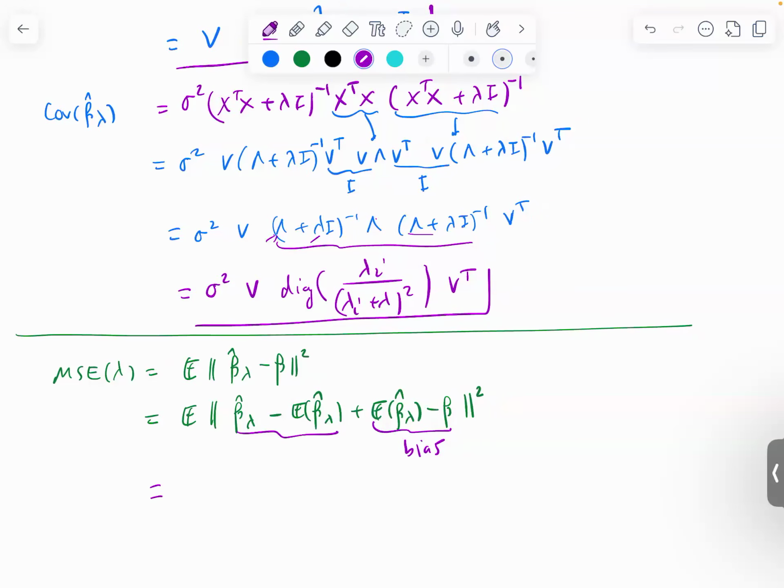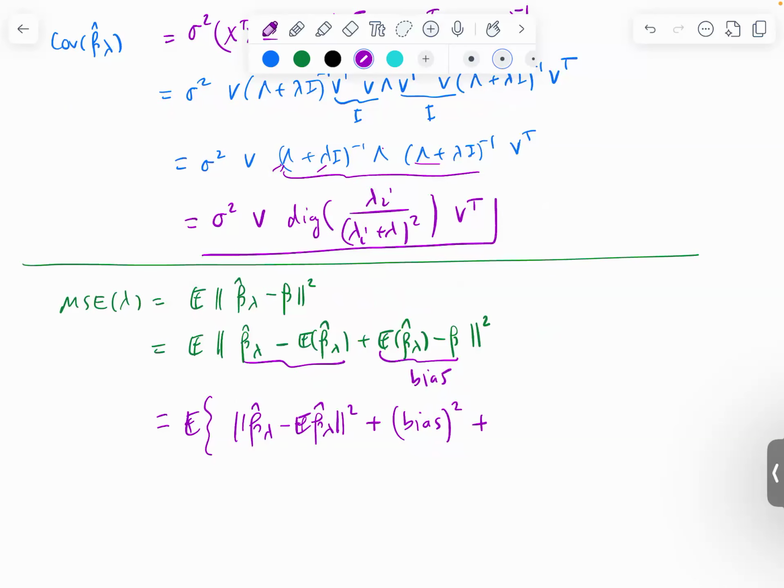So when I square, I get the expectation. The first term would be the norm of beta hat minus the expectation of beta hat, squared, plus the second term, bias squared. I'm going to write it like this. And then I get twice the first term transposed, this deviation transpose times the bias.